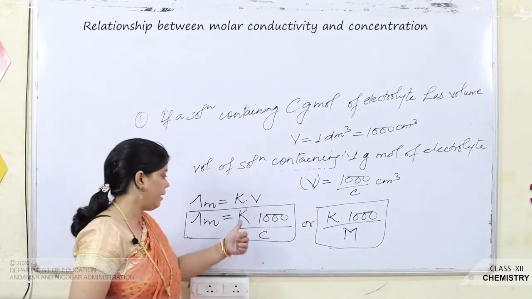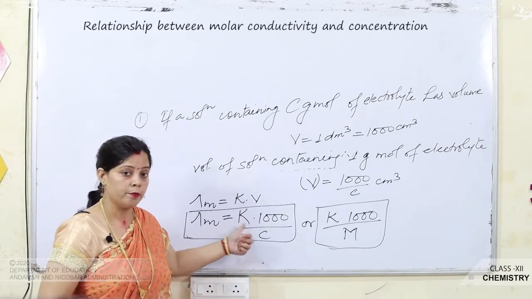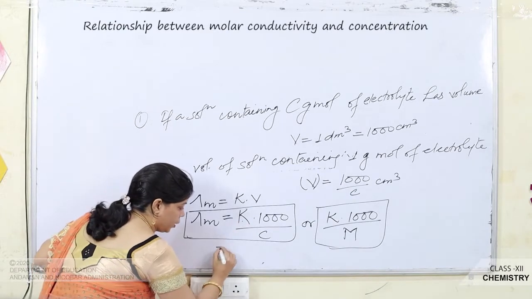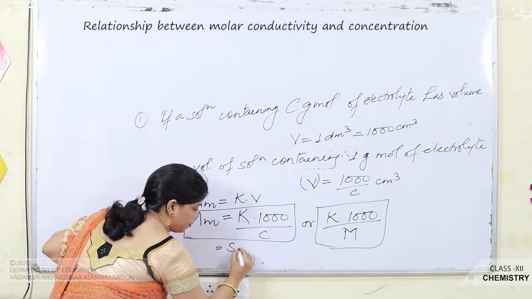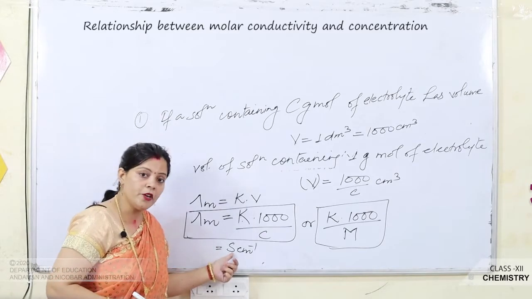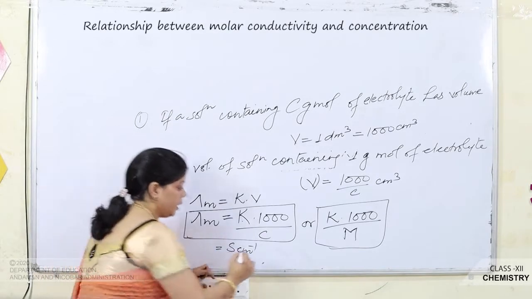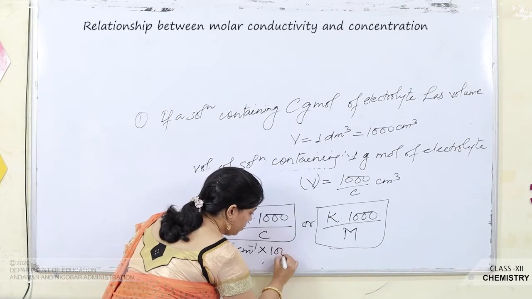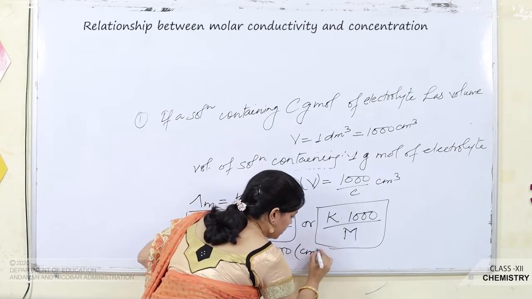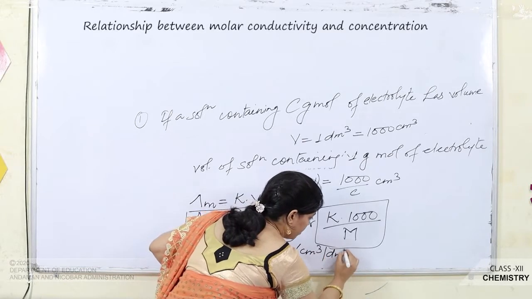After that children, we can derive the unit of this molar conductivity. Here this is the conductivity, and the unit of conductivity is Siemens centimeter inverse, or we can write ohm inverse centimeter inverse, into 1000, and the unit of 1000 is equal to what? That is equal to centimeter cube per dm cube.